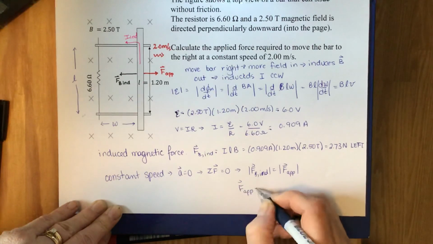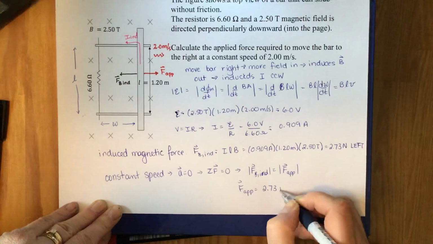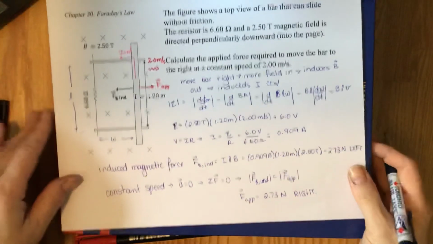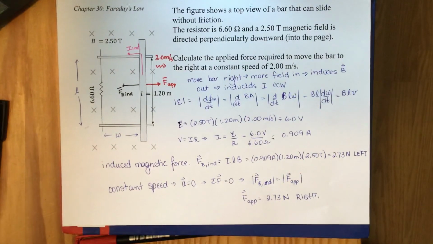So your applied force is 2.73 newtons to the right. Okay, so we did a similar sort of problem with a different treatment before. We see that it comes together fairly nicely when you use Faraday's law and Lenz's law.